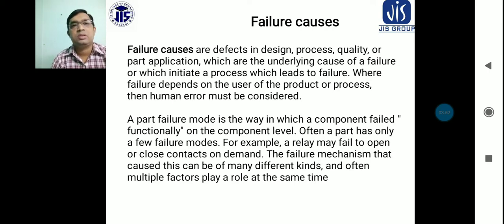In a few cases the designer does not give a proper design, and the production engineers are not satisfied with the design. Sometimes the workers make some errors, and the equipment or machines also introduce errors, so production error is considered under failure causes.